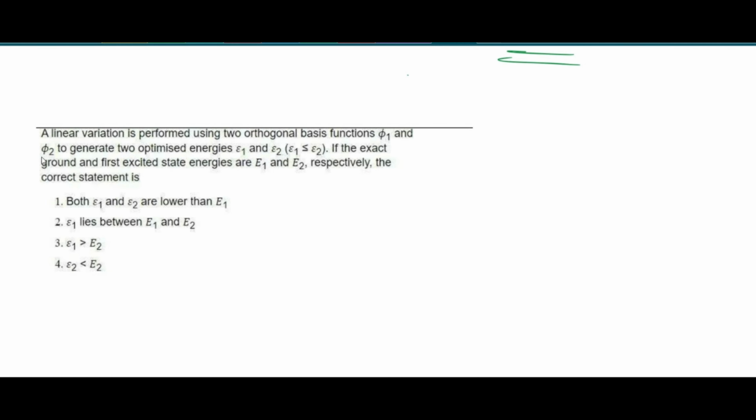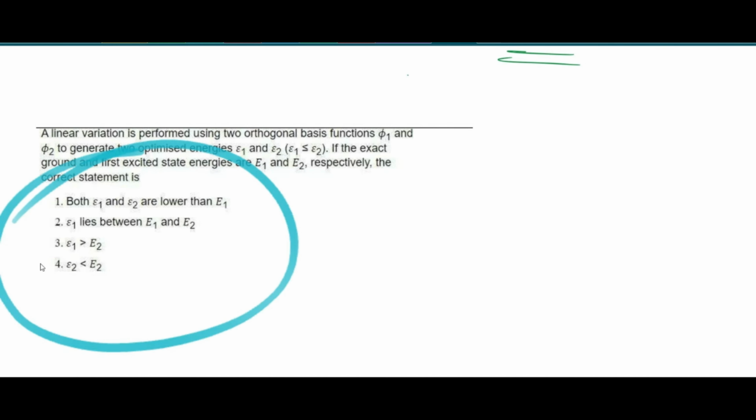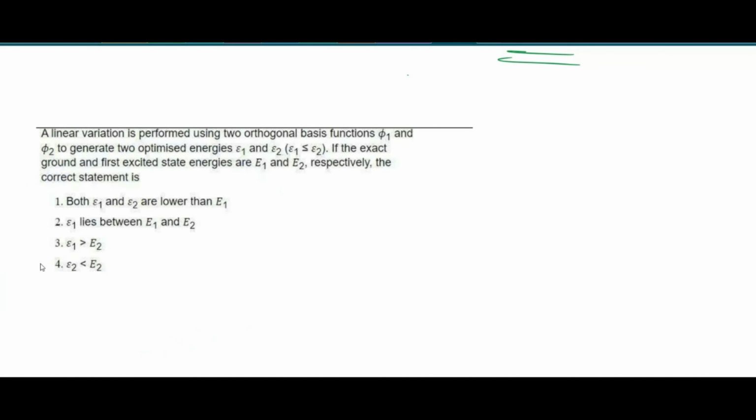If the exact ground and first excited energies are E1 and E2, which statement is correct? Have you read the question?